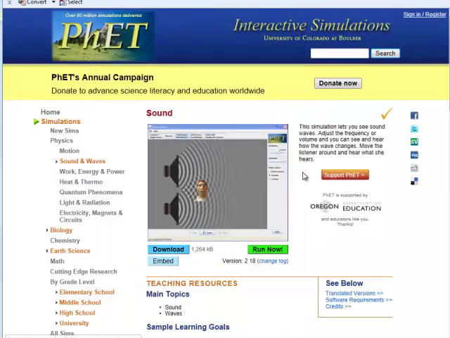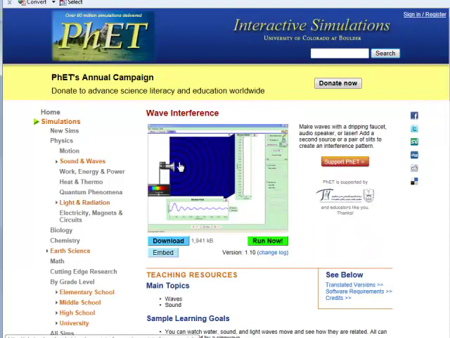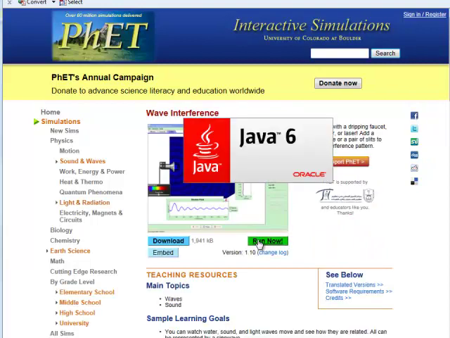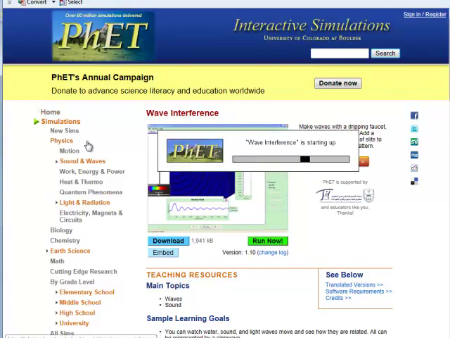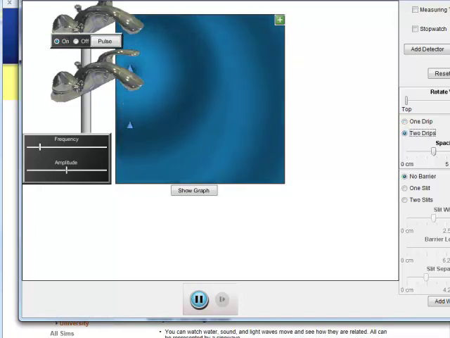Another applet from PhET is the Wave Interference itself. And here I'm going to choose two dripping faucets.